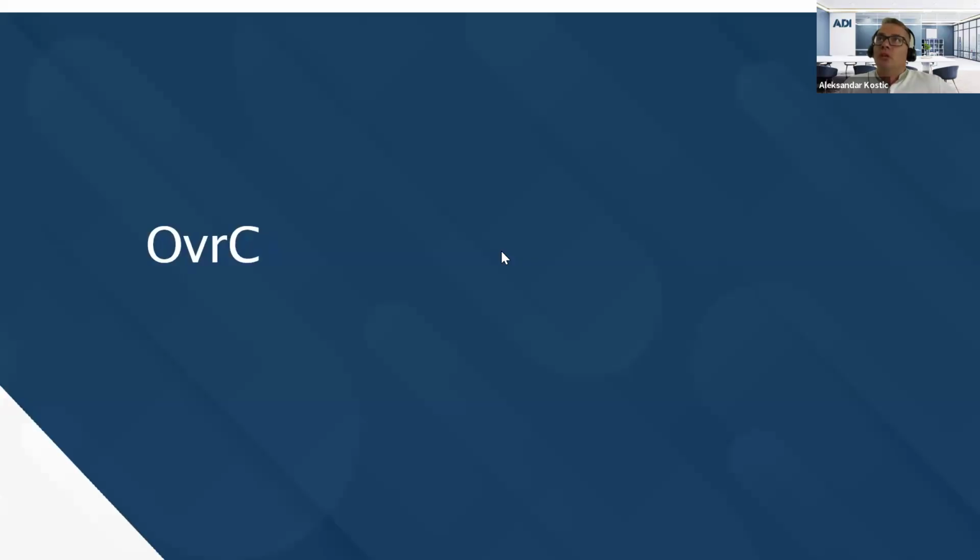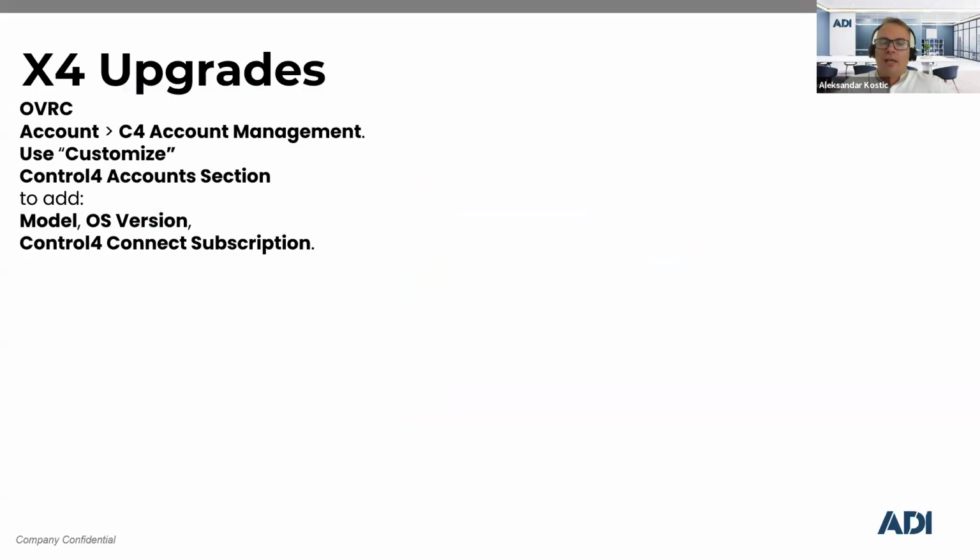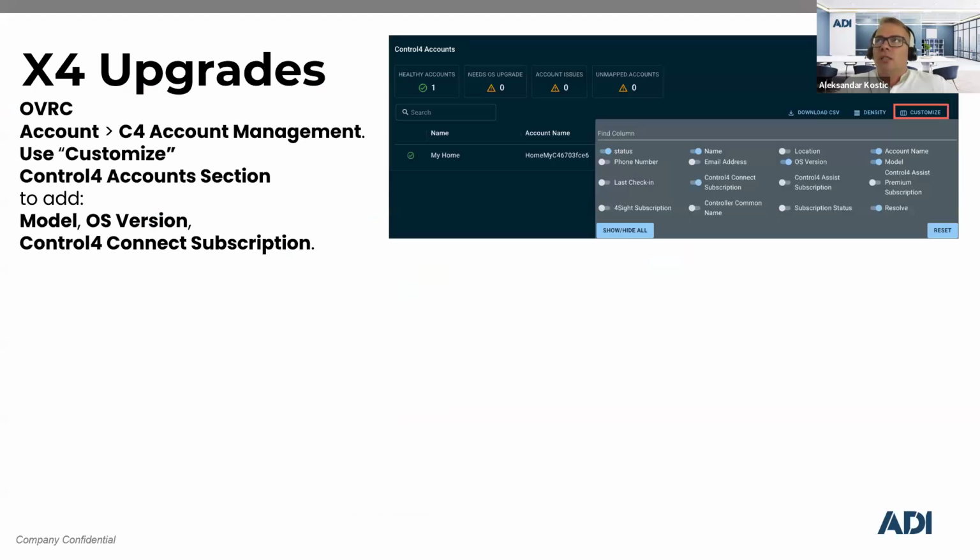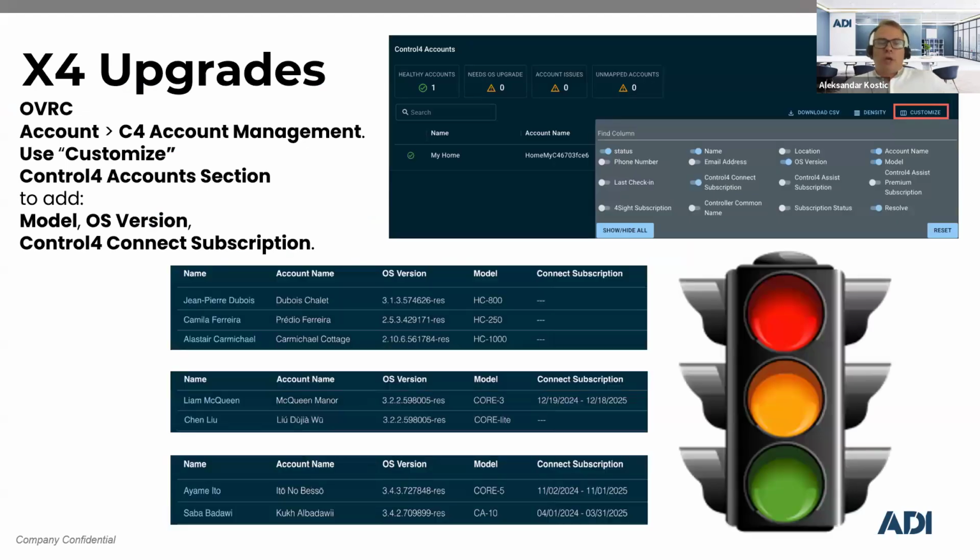So speaking of OvrC, and that is the main thing as we are doing this switch from OS3 to X4 exclusively through OvrC. First of all, a few words regarding the account overview. As I mentioned previously, we tried to implement as much information from my.control4 into OvrC now, so that you generally don't need to use my.control4 at all.